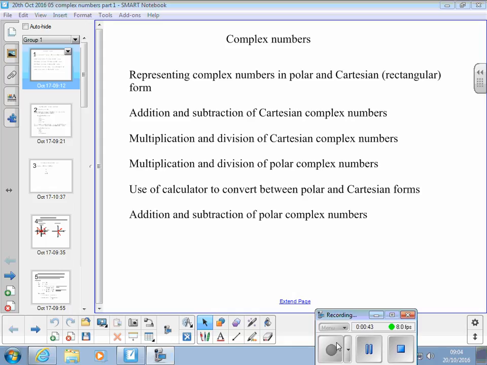We're going to look at addition and subtraction of Cartesian complex numbers, multiplication and division of Cartesian complex numbers, multiplication and division of polar complex numbers, and the use of a calculator to convert between the two forms. I'll put down addition and subtraction of polar complex numbers, but I'm not going to cover that in too much detail, because you're going to convert to the other form and then back again.